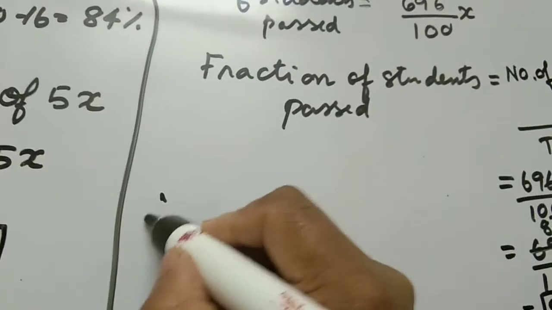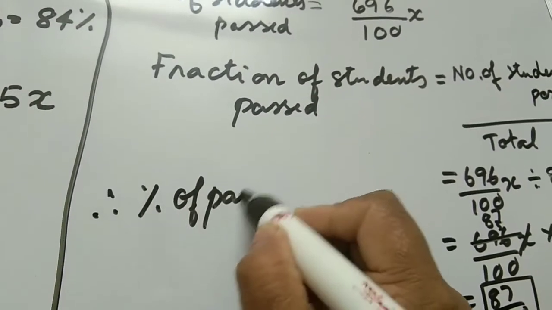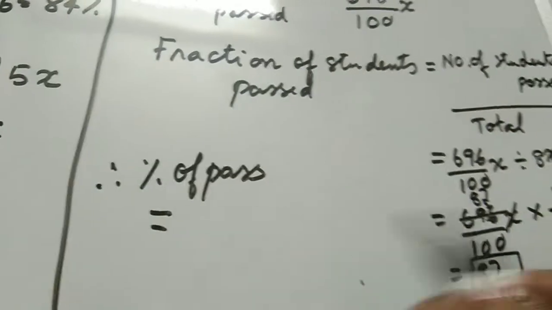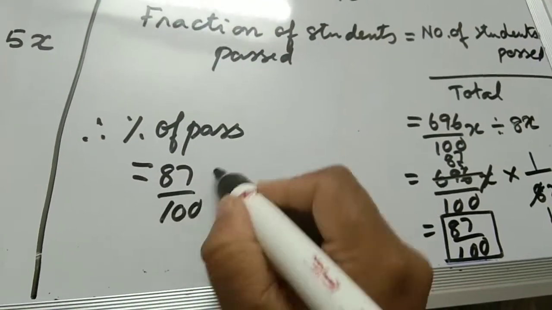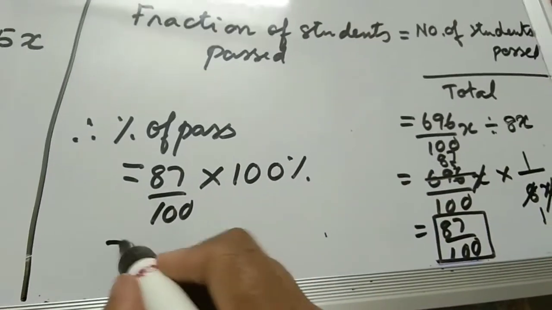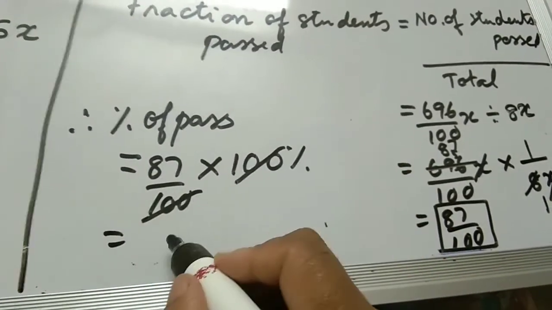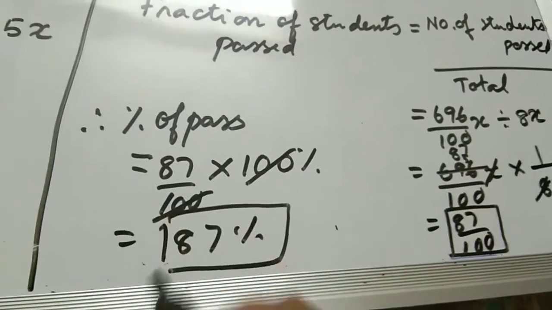So therefore, percentage of pass is nothing but this fraction 87 by 100 into 100%. So 100 and 100 gets cancelled. I get the total percentage of pass as 87%.